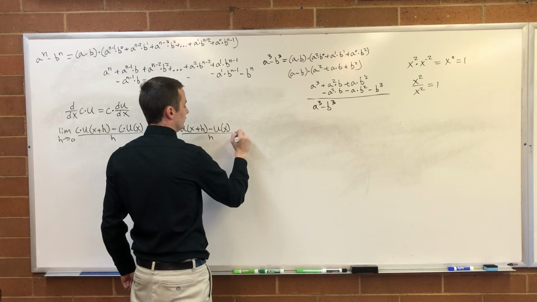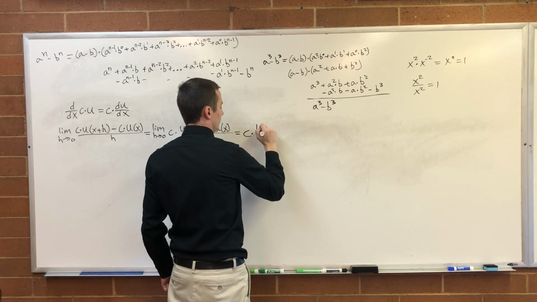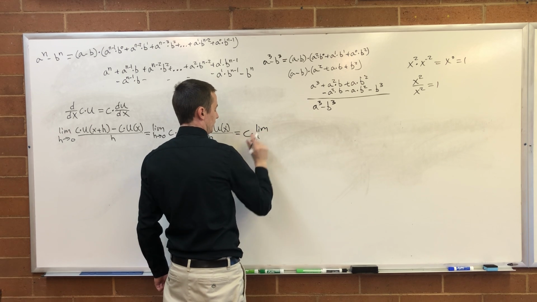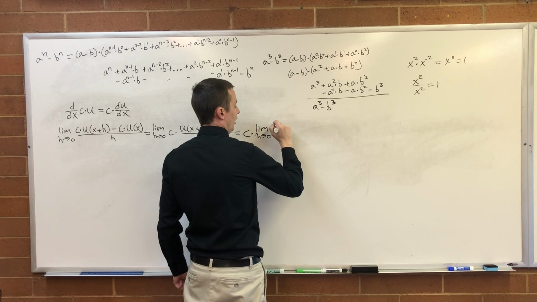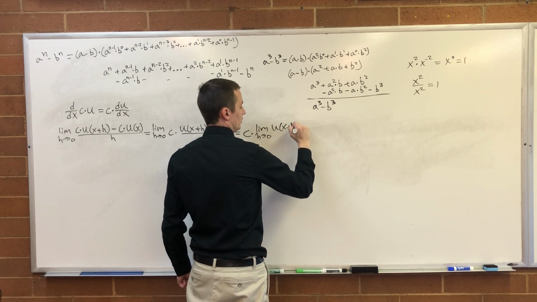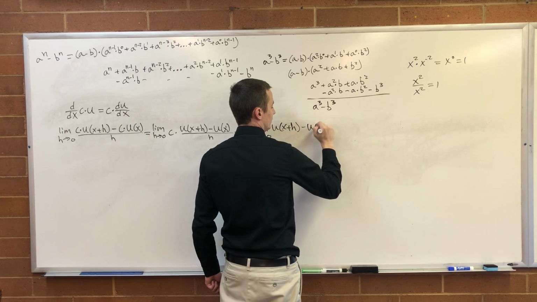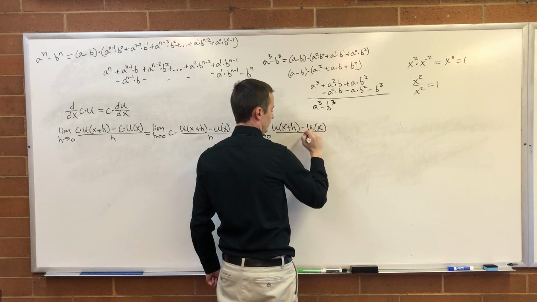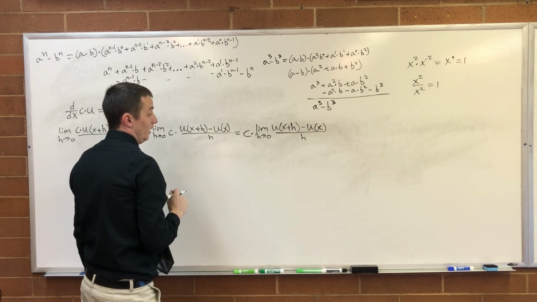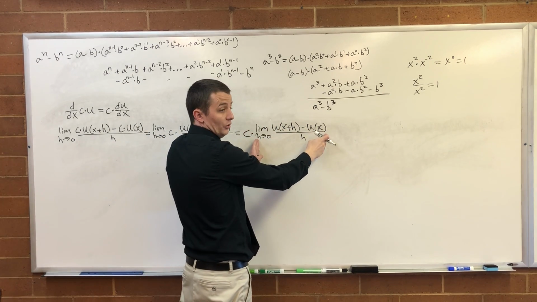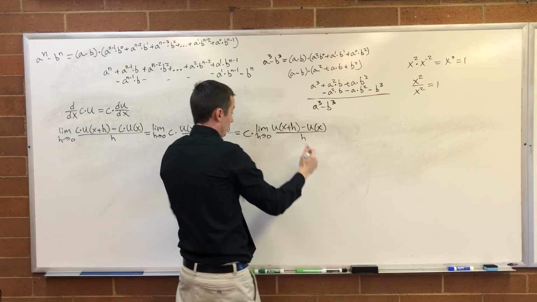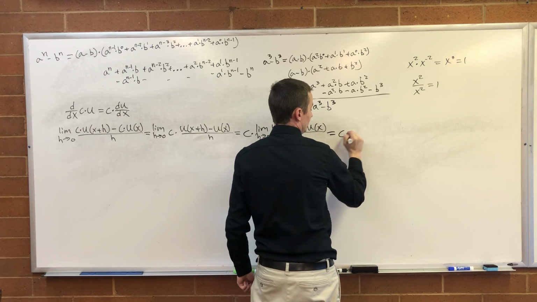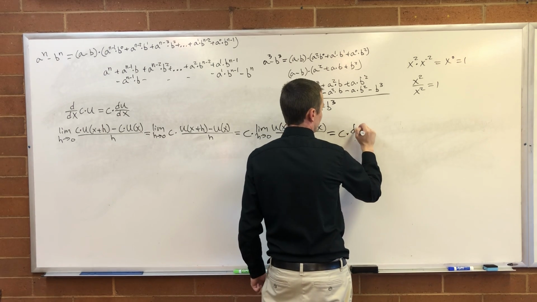So this is the same thing as c times the limit as h approaches 0 of u of x plus h minus u of x all over h. I don't know what this is, but it's the derivative of u. So this is equal to c times the derivative of u with respect to x.